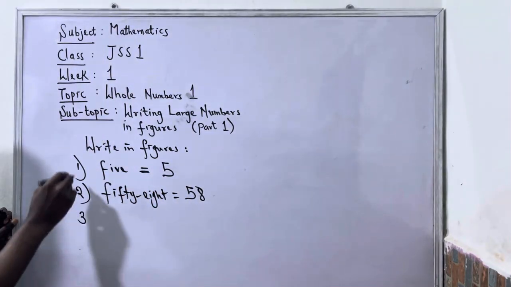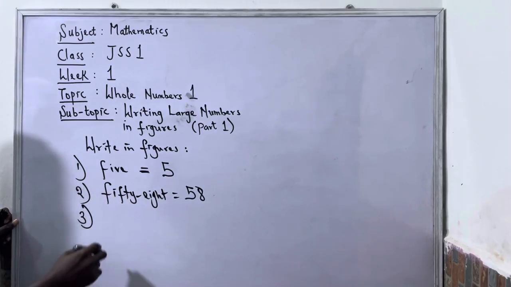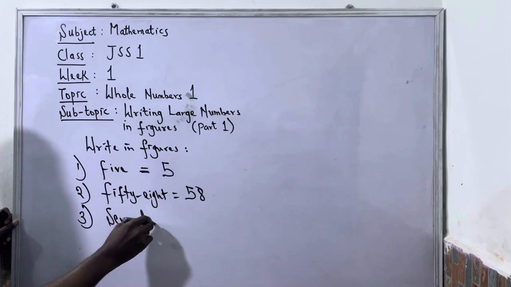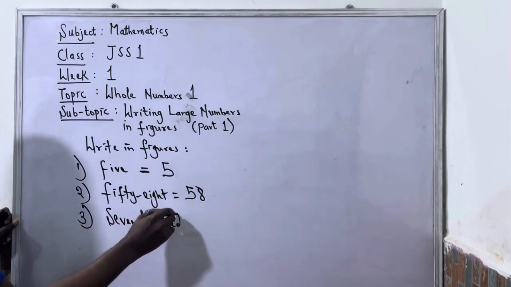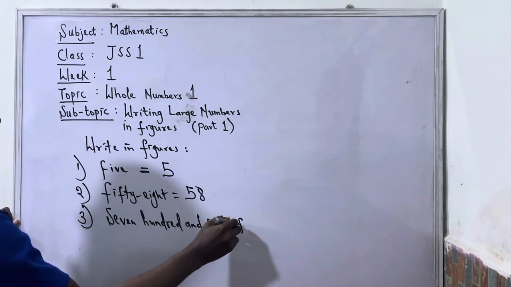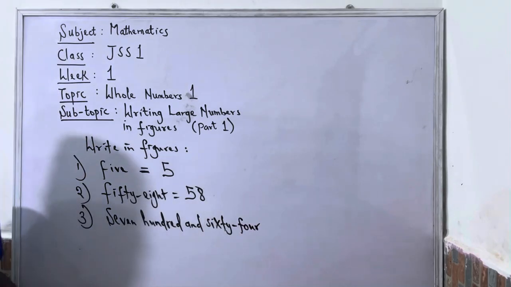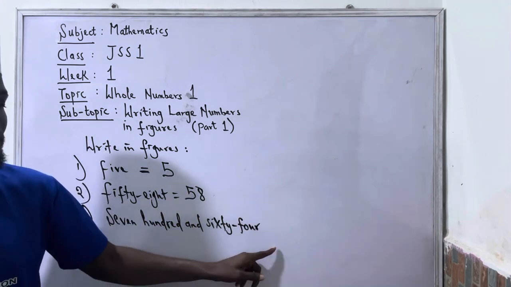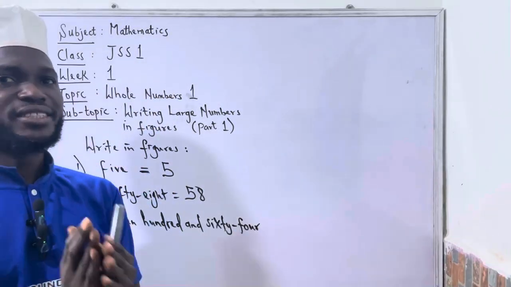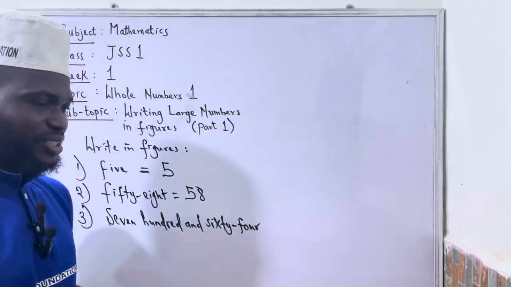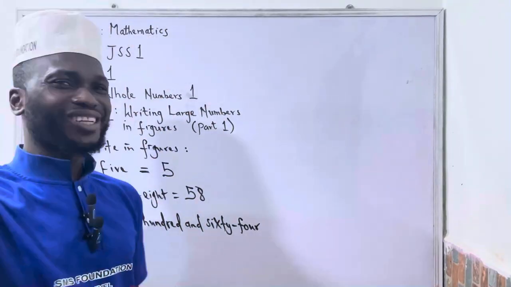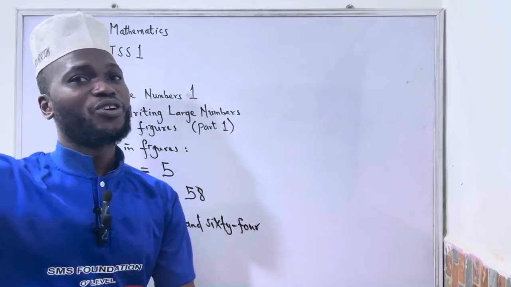How do we write it? In figures, sorry. Let's say we have this, so this is 764. Very good. Now, at this point, you need to take the 3-digit number seriously, because that is the concept I will be using to treat every other one, even the ones I called confusing.